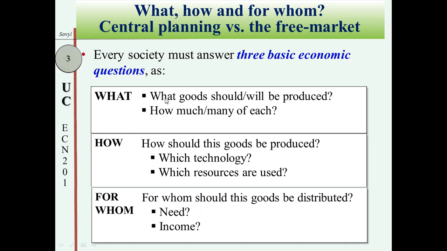For the government as a country management. What good this country to produce and how to produce and produce for whom? It's similar to each other. So three players must ask themselves based on these basic questions.